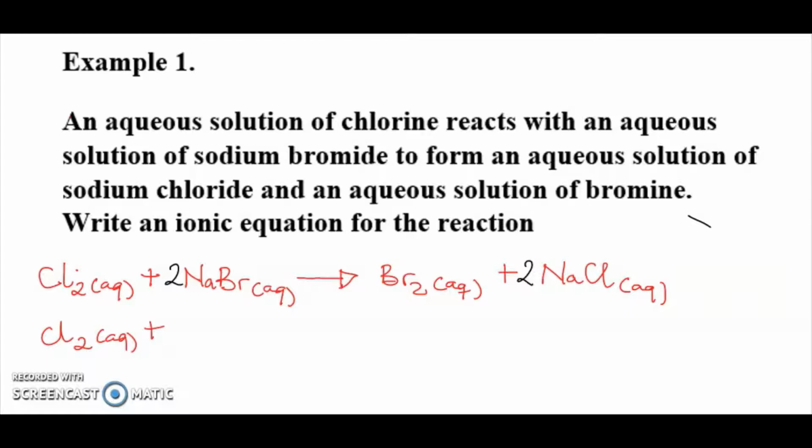So in this case, this is what we would have. We have 2 sodium atoms here, so we shall form 2 sodium ions, aqueous. We have 2 bromine atoms, so we are also going to form 2 bromide ions, aqueous.